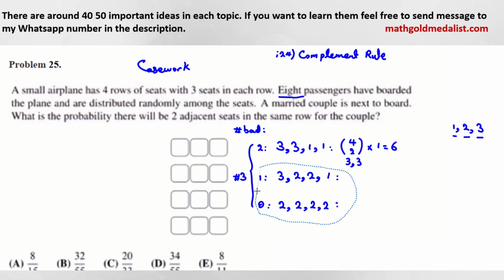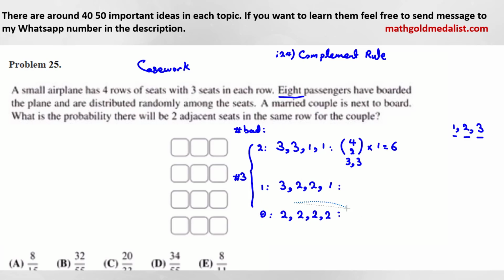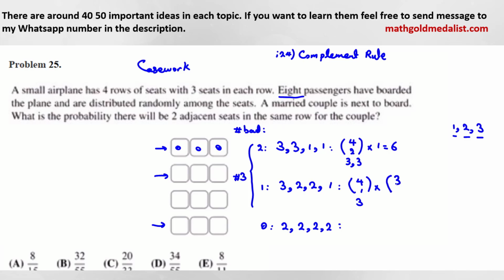Now let's consider the next case: 3, 2, 2, 1. So I can say which row has 3 passengers. For example, you should say 4 choose 1 for the 3. Then for the 2 twos, we should have, for example, this one and this one. You say 3 choose 2 for the 2 twos.